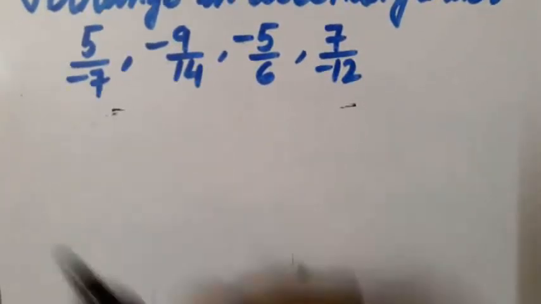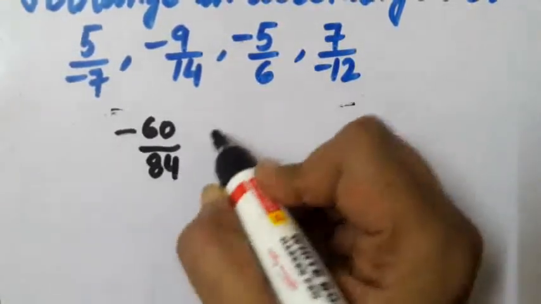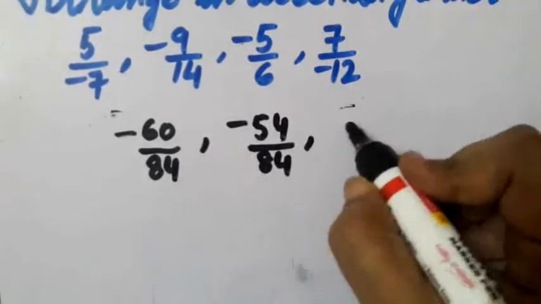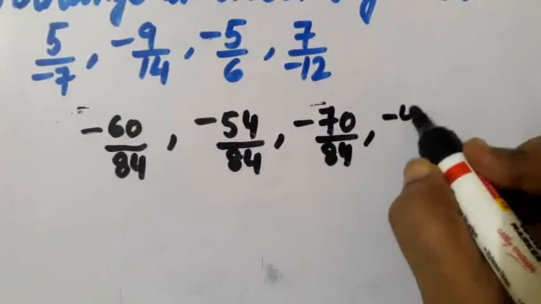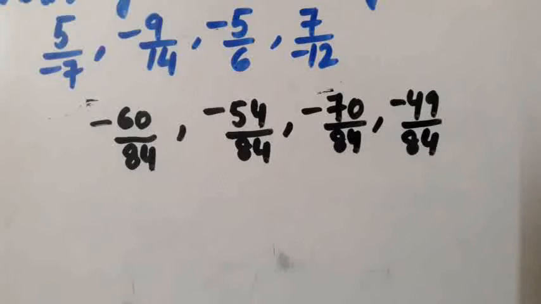You have to write these rational numbers in ascending order.